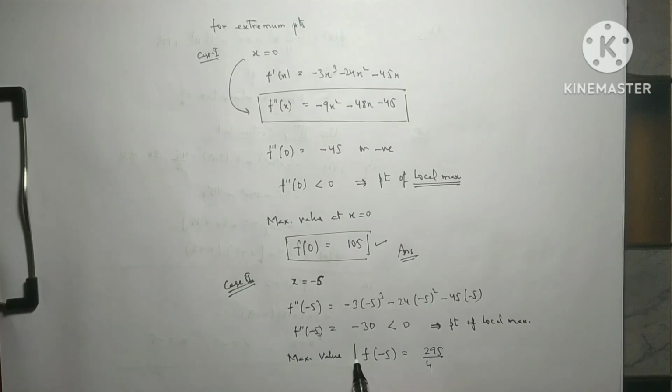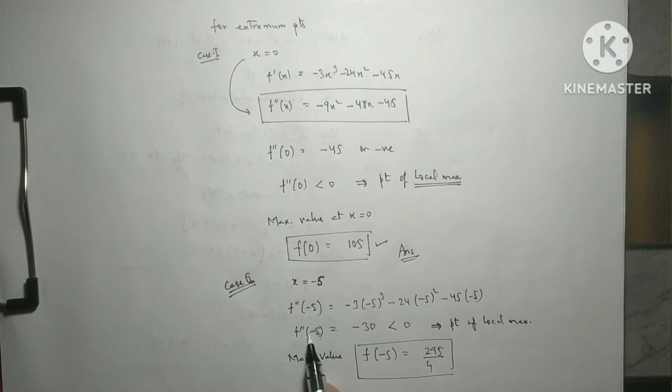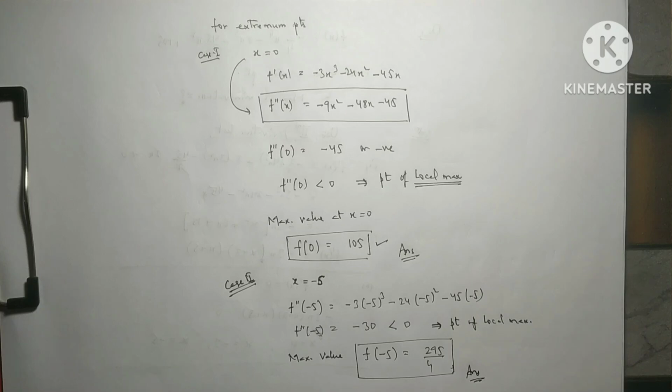So this is the maximum value, and on putting this value in the second derivative we get a negative value, less than 0. So it shows x equals to minus 5, the curve shows local maximum. So the maximum value is this. So this is the second answer.